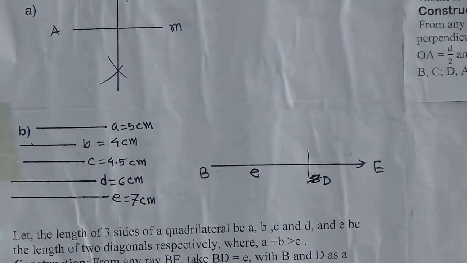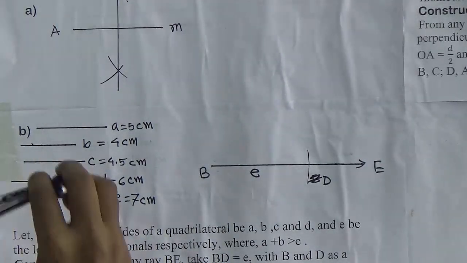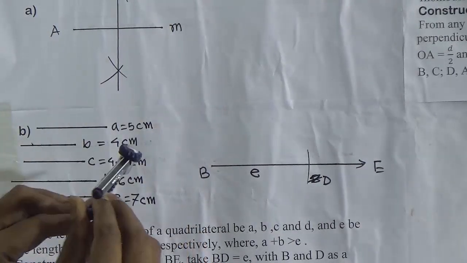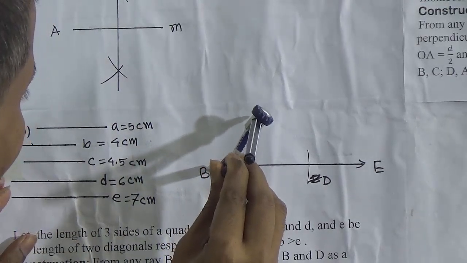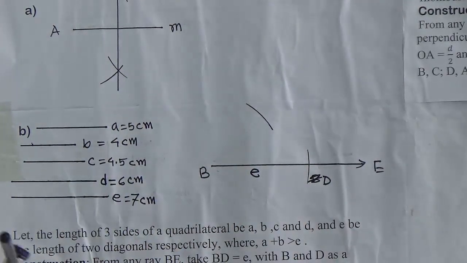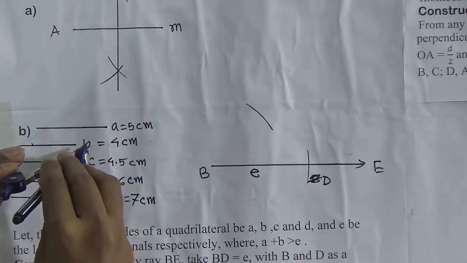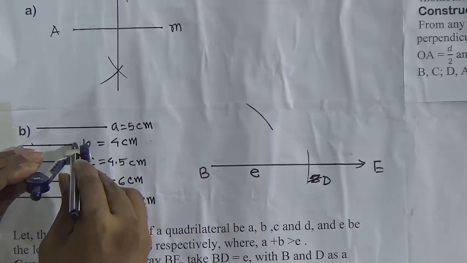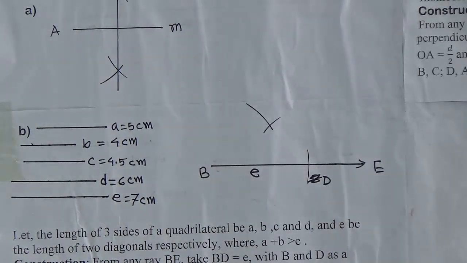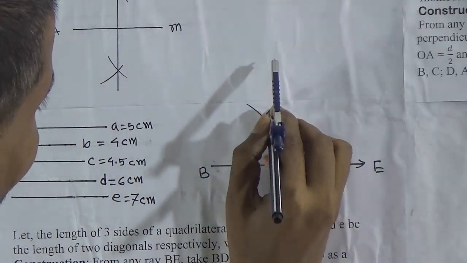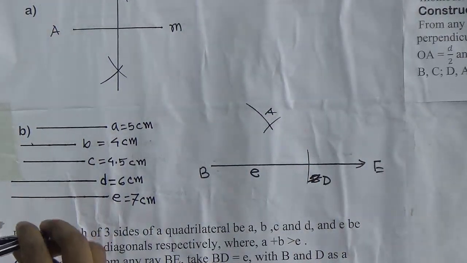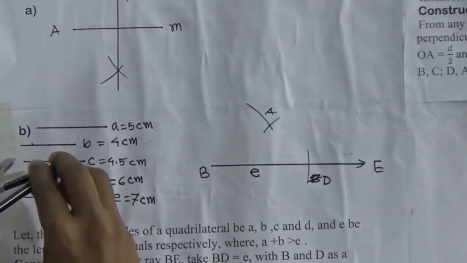Okay. Now taking B as a center, we draw an arc which is equal to a. And taking D as the center, we draw another arc on the same side of BD, which is 4 centimeter. They will intersect at A. Now taking D as a center, we draw another arc which is equal to c.